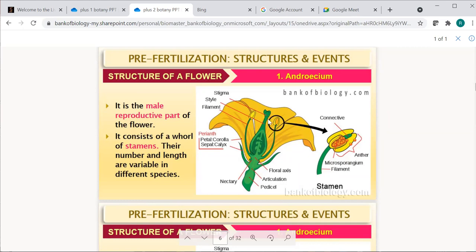The male and female reproductive parts are the essential parts of a flower, and the non-essential part of a flower is the petal, the colorful floral petals that we see. They are only to attract pollinators. Okay, and the sepal. Sepal is also called calyx.